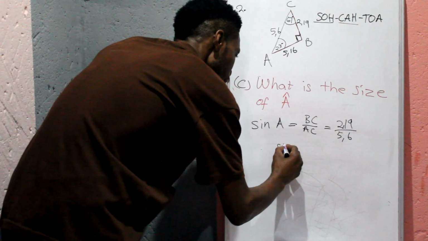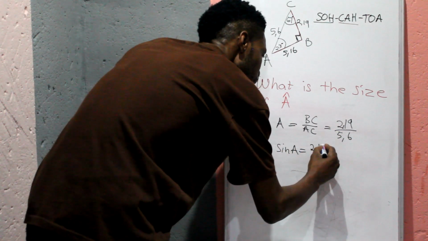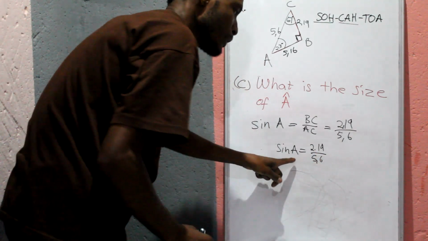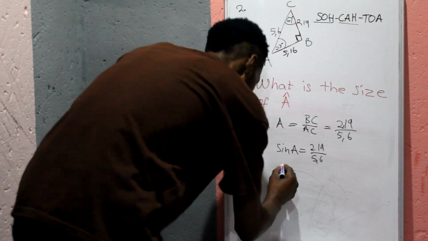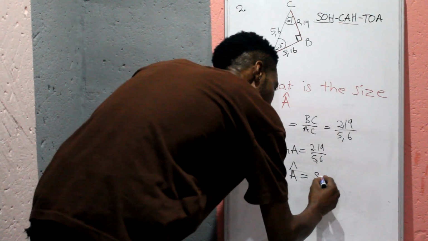Now sine A is equal to 2.19 over 5.6. Now we're looking for the angle A, therefore angle A will be equal to the arcsine of 2.19 over 5.6.